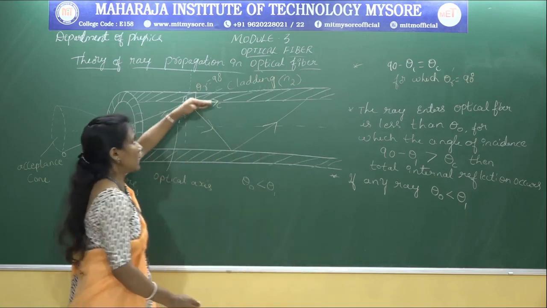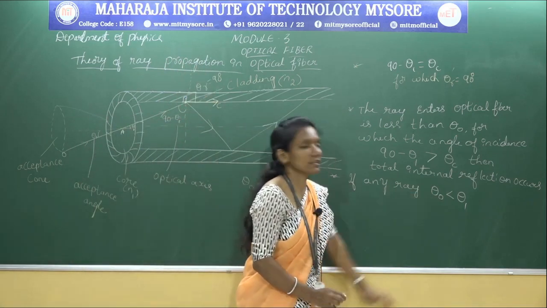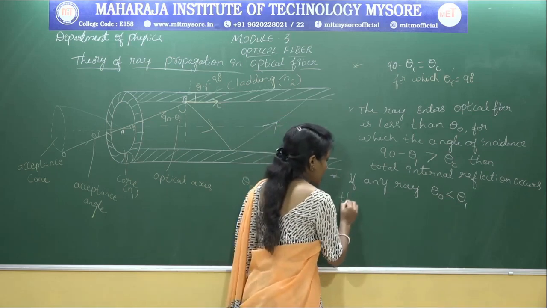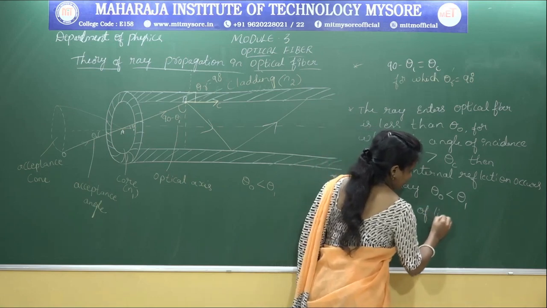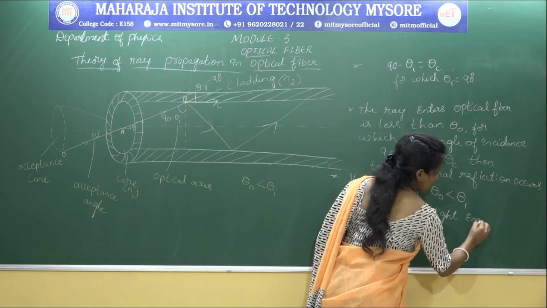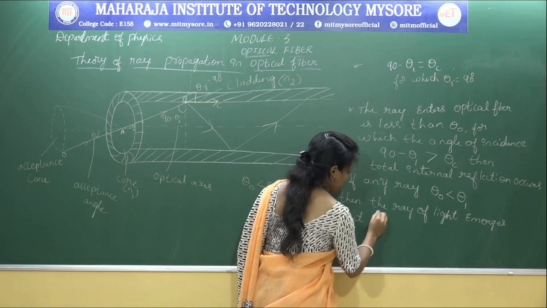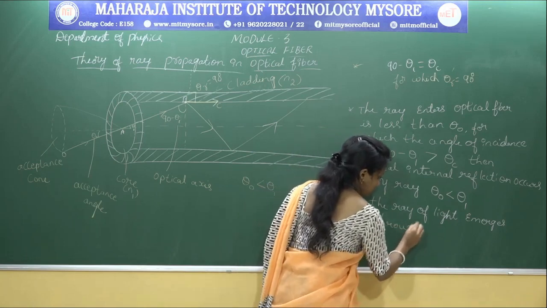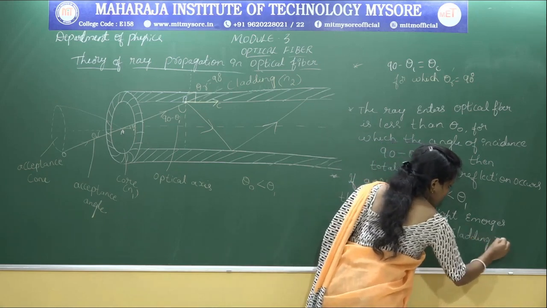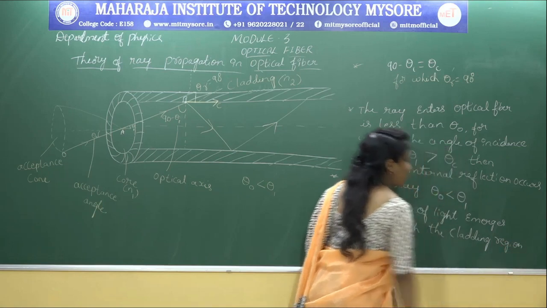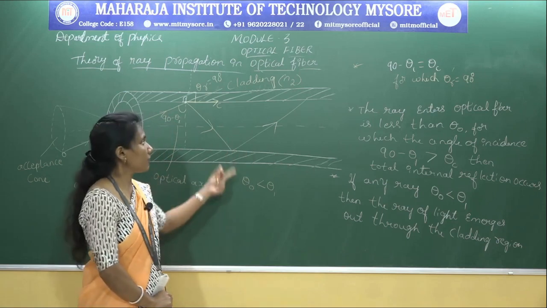The ray of light will emerge out from the cladding region. So at this condition, the ray of light emerges out through the cladding region, and then the ray of light will be lost in the optical fiber.